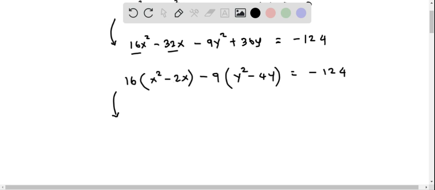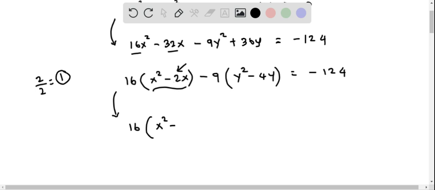So we rewrite this as 16 times. We are going to complete the square for this expression, which means we take half of the coefficient of x, which is 2 by 2 equals 1. We add its square and subtract its square.